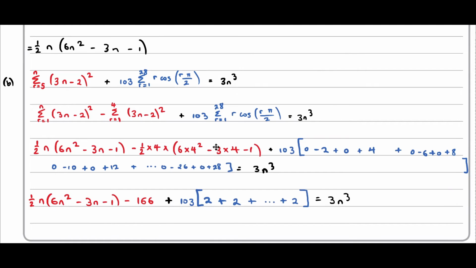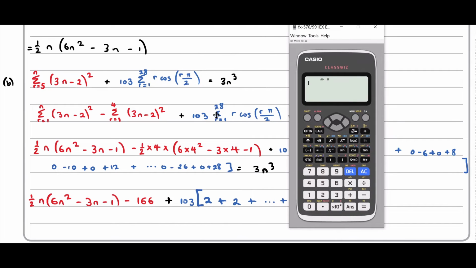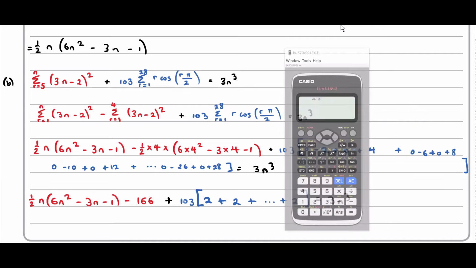Now, if you actually consider this bit over here, if I grab my calculator, if we attempt to work out that sum, the sum of r times the cosine of r pi over 2 from r equals 1 to 28, close this bracket, you get a syntax error, so you can't even use a calculator in this question.